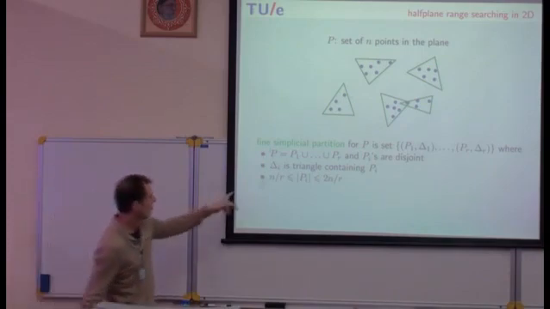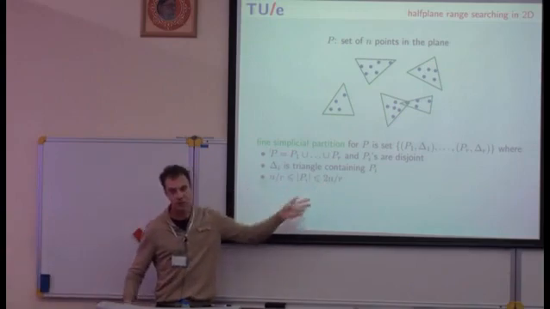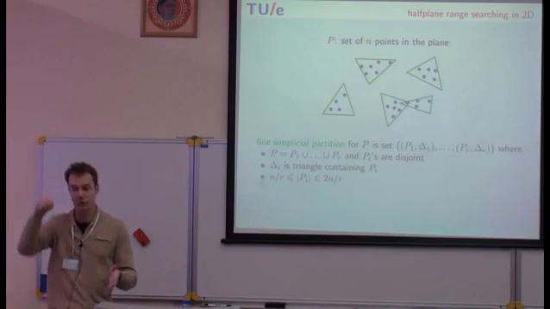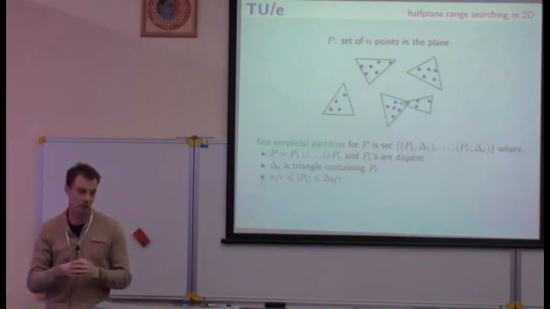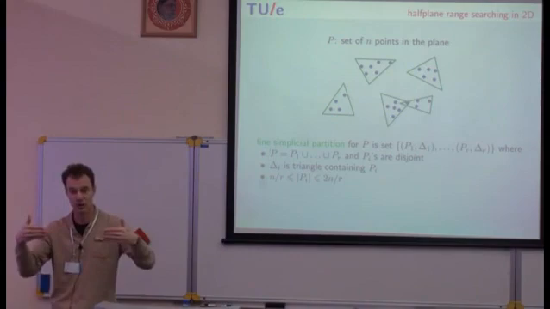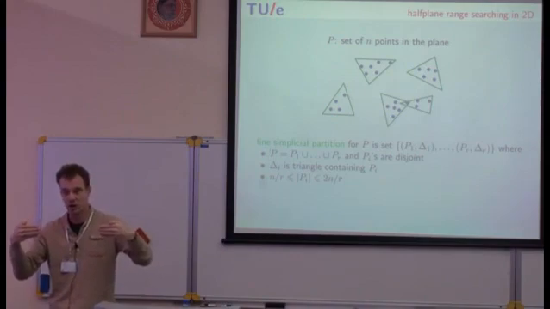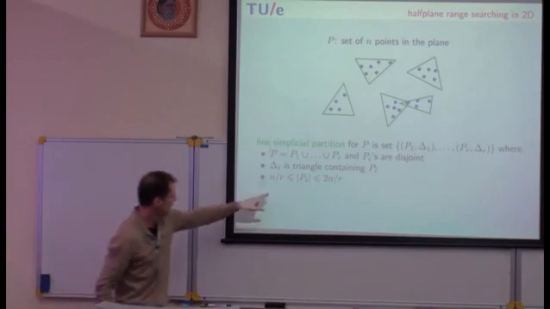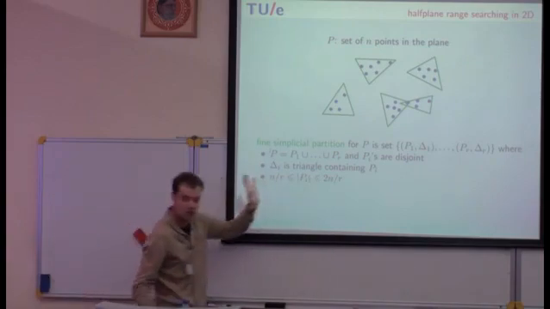But why do I want to have this? Well, for the binary search tree, because I want that the depth of the tree is only log n. Therefore, I want that both of the subsets are small enough. So also here, I want that each of these subsets is small enough.